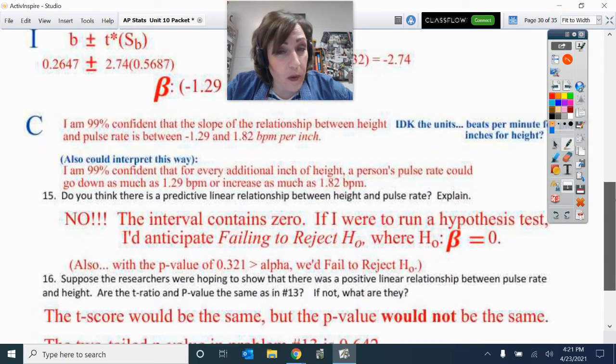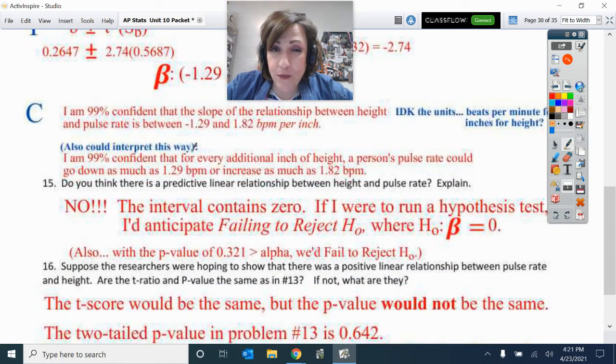But here's another way you could interpret this, in more layman's terms: I'm 99% confident that for every additional inch of height a person is, the person's pulse rate could go down as much as 1.29 beats per minute or increase as much as 1.82 beats per minute.